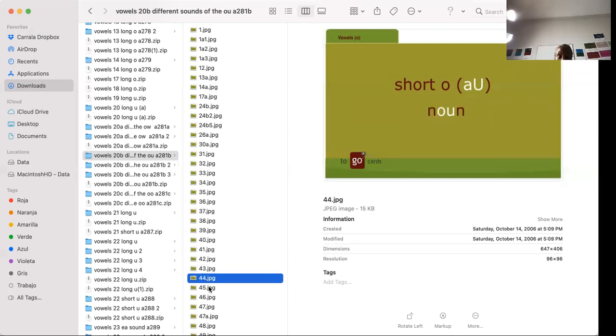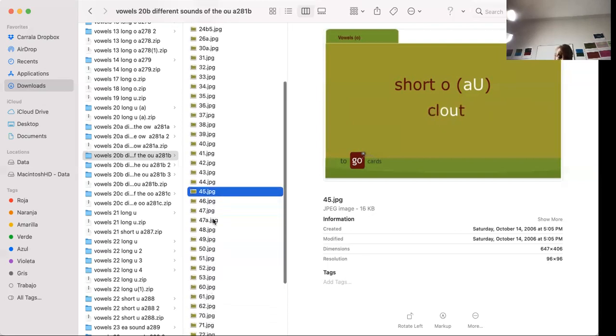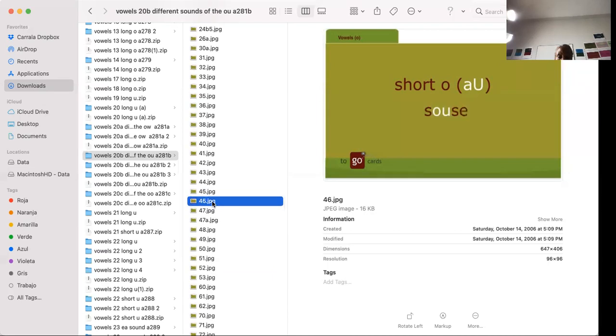Noun, name of a person, place, thing, or idea. Clout, power. Souse, to get drunk. Wound, rather than wound. Thou, it used to be used for you, just like in Spanish and in French, you have two U's.